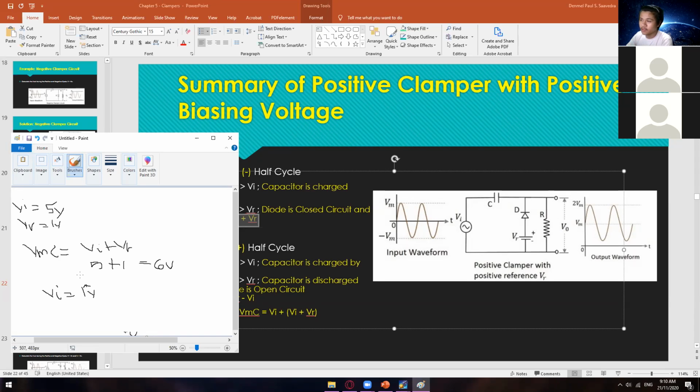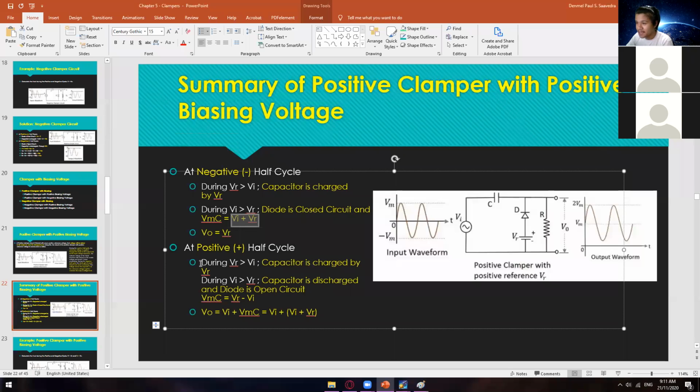So 1 volt, 2 volts, 3 volts until it reaches the maximum voltage. At this point, we already have a VMC voltage from our capacitor, which is at a constant voltage of 6 volts. And of course, 6 volts is higher than 1 volt. So if that's the case, this one will never have this kind of setup. That is why I didn't include this one.